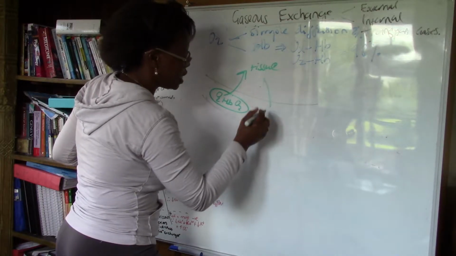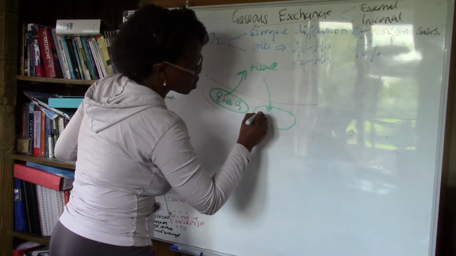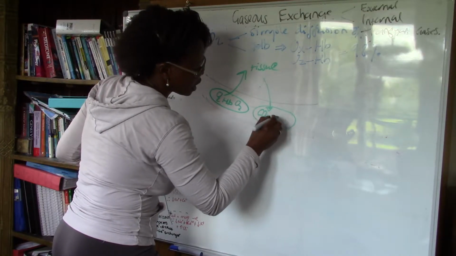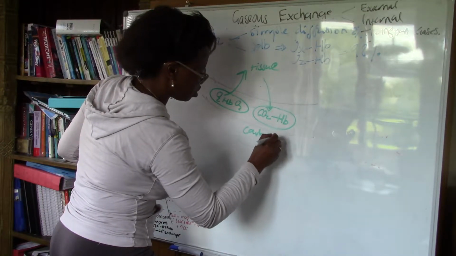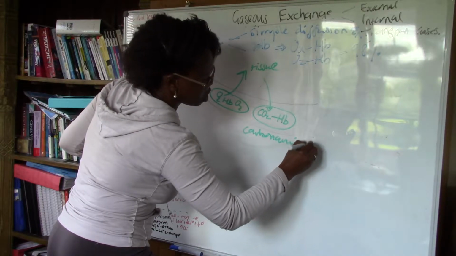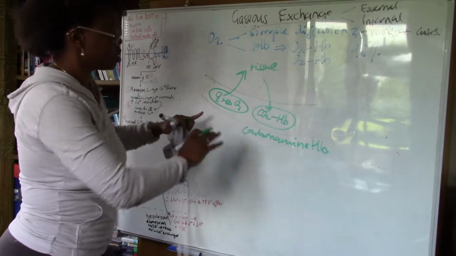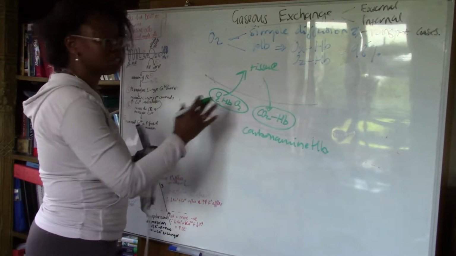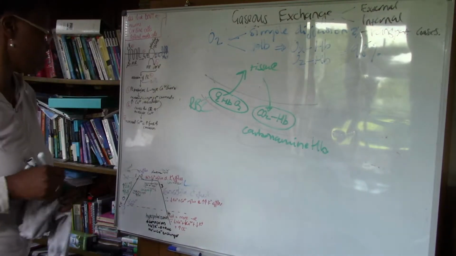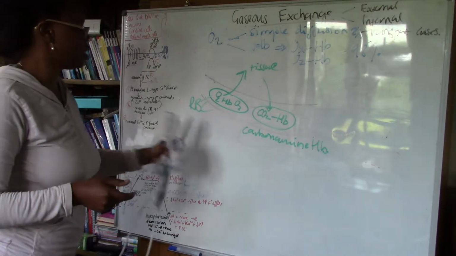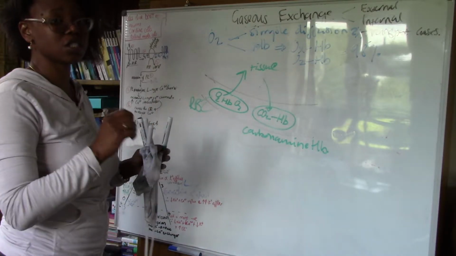So all it does is its binding ability for carbon dioxide increases, so then it actually binds carbon dioxide and forms carbaminohemoglobin, and then transports carbon dioxide. So I just really wanted to show the relationship of carbon dioxide. This is a red blood cell, although it's written in green. So this is how hemoglobin fits into the transport of both oxygen and carbon dioxide.